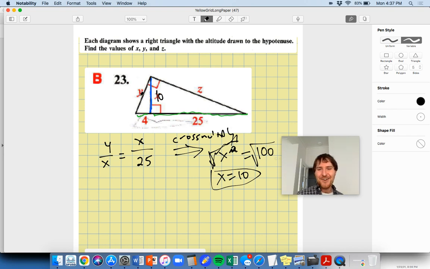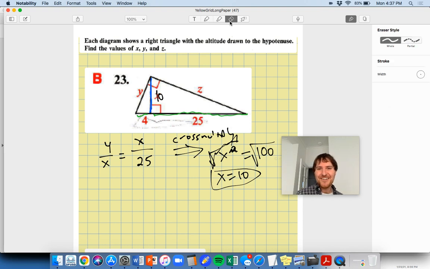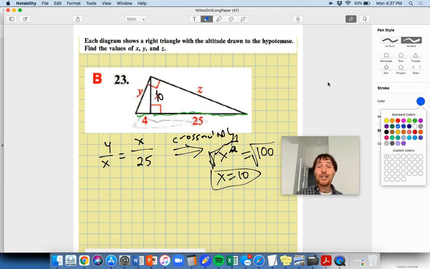So we have y right here, and y is a geometric mean. I'm going to get rid of this because the blue is what I'm using for my geometric means. So remember, each leg of the original triangle is the geometric mean of something.